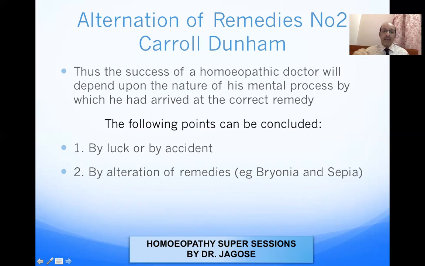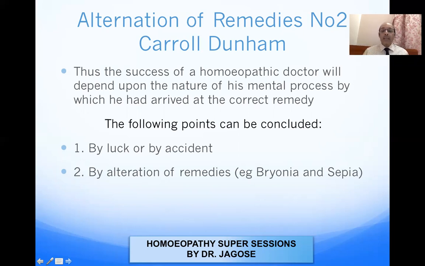If you prescribe the correct remedy, the patient is cured. If not, you do not get results in practice. Therefore, the practice of a homeopathic physician differs from physician to physician, because what he perceives in his mind and how he puts his perception into practice will vary from doctor to doctor. Hence, certain doctors are successful and certain doctors are not.